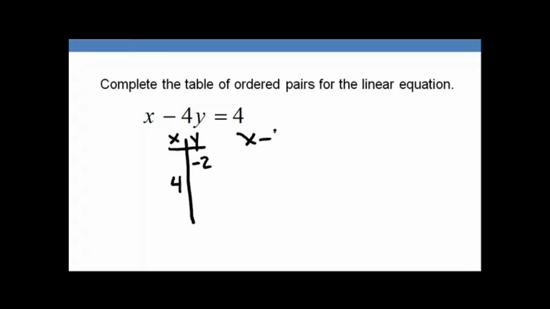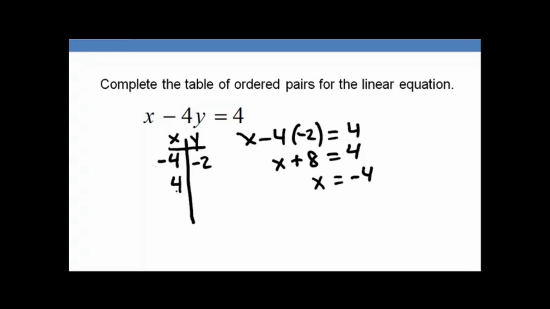So x minus 4 times negative 2 equals 4. There's your 8. And subtract your 8 from both sides. So this is the same one we already solved, so I went a little fast there. And then they're switching and they're giving you the x value. So we plug the 4 into the x.